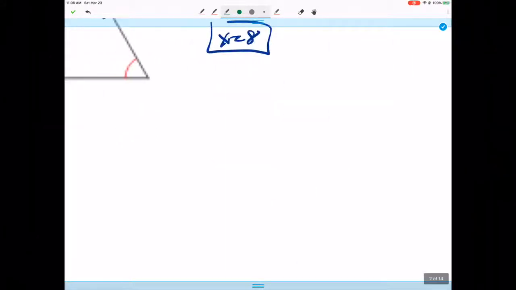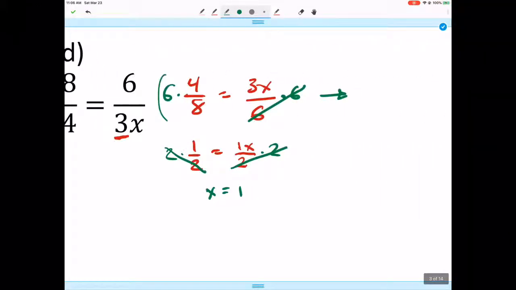If we simplify this, plug that in your calculator, or you can say 6 times 4 is 24, 24 divided by 8 gives us 3. So we'll have 3 equals 3x. Then we could divide both sides by 3, and we still get x equals 1.